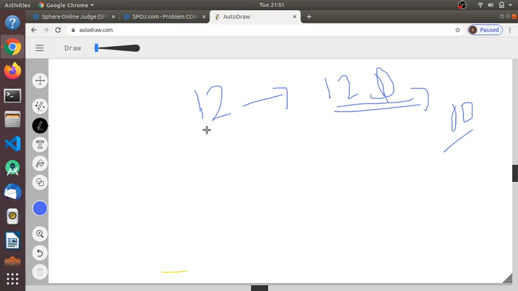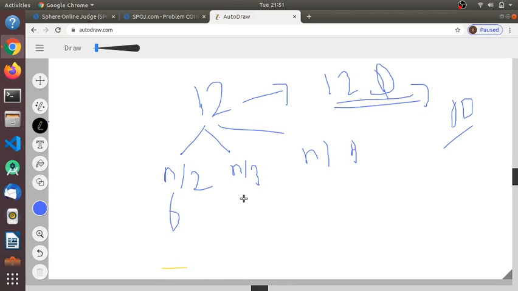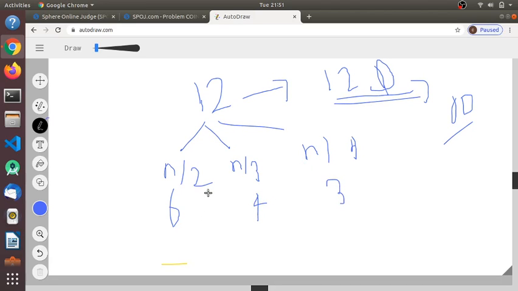Is there any combination? You went to the bank. The bank says, we can give you an n by 2 coin, an n by 3 coin and an n by 4 coin. So n by 2 gives you a coin of 6, n by 3 gives you a coin of 4, and n by 4 gives you a coin of 3. Now you have an option.